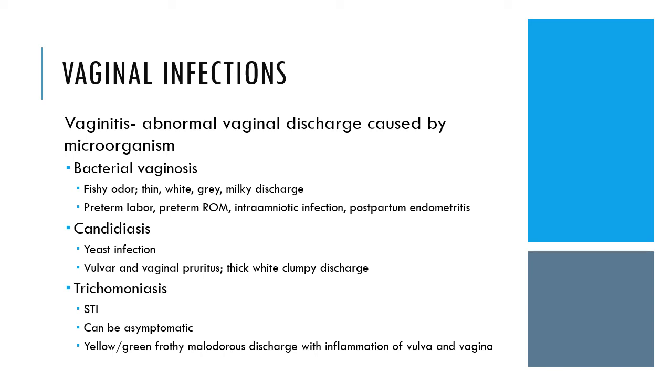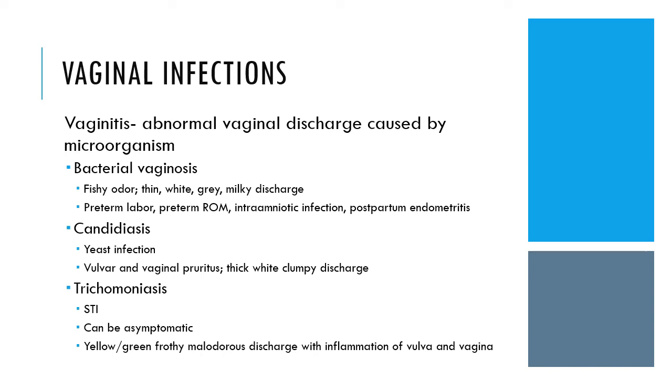Candidiasis, also known as a yeast infection. This is the second most common vaginal infection in women. Specifically, patients who are on antibiotic therapy, are diabetic, are obese, or are immunosuppressed are at a higher risk for developing a yeast infection.